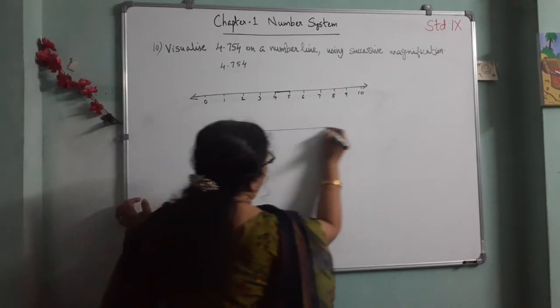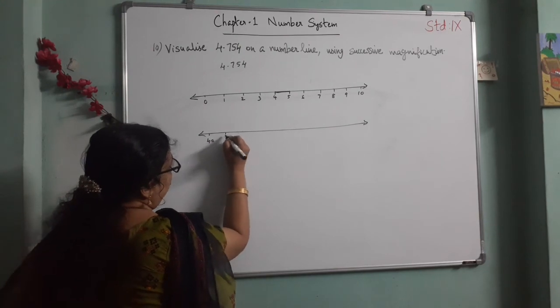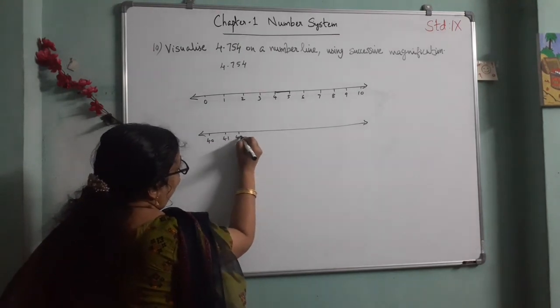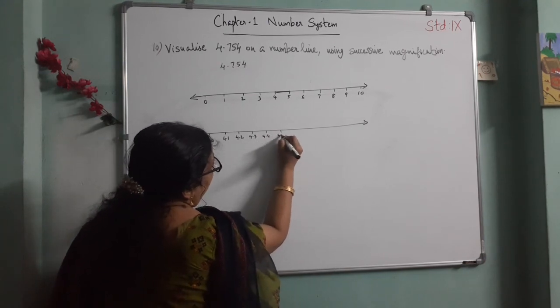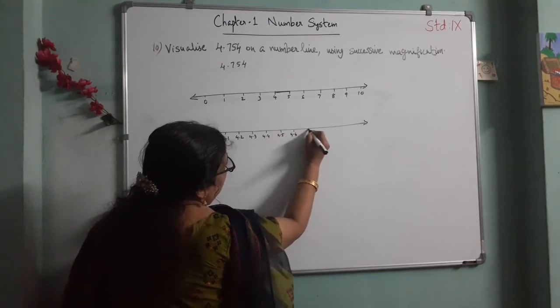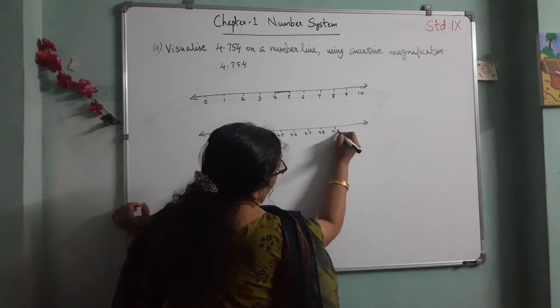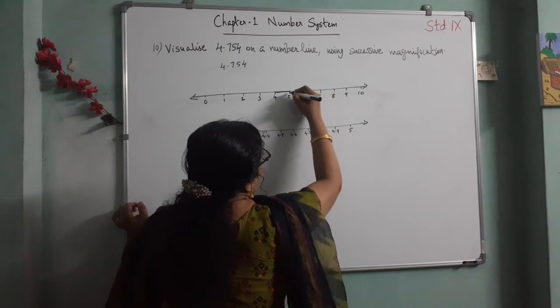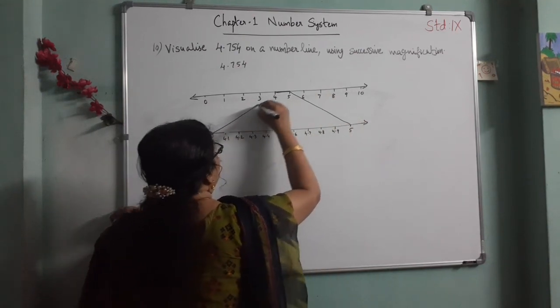So again we draw the number line, and starting from 4.0, 4.1, 4.2, 4.3, 4.4, 4.5, 4.6, 4.7, 4.8, 4.9, then 5, and draw this 5 here and this 4 here.